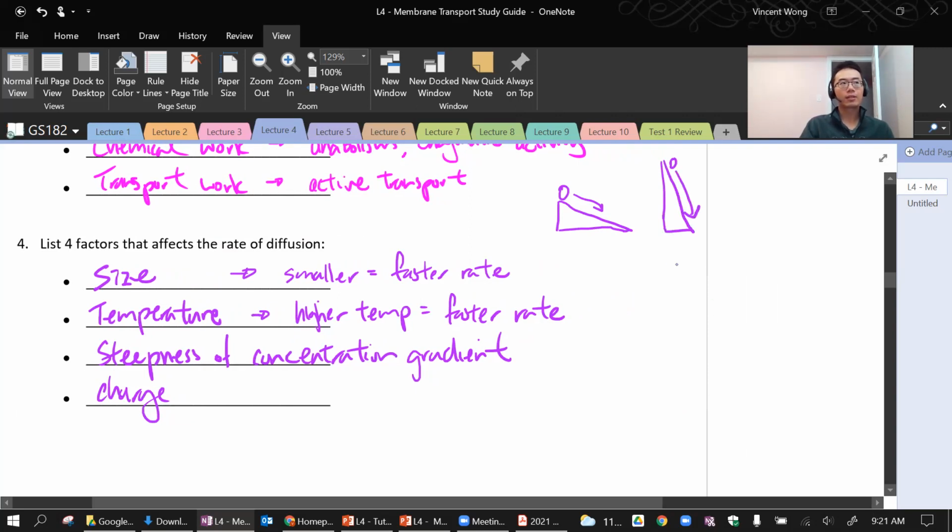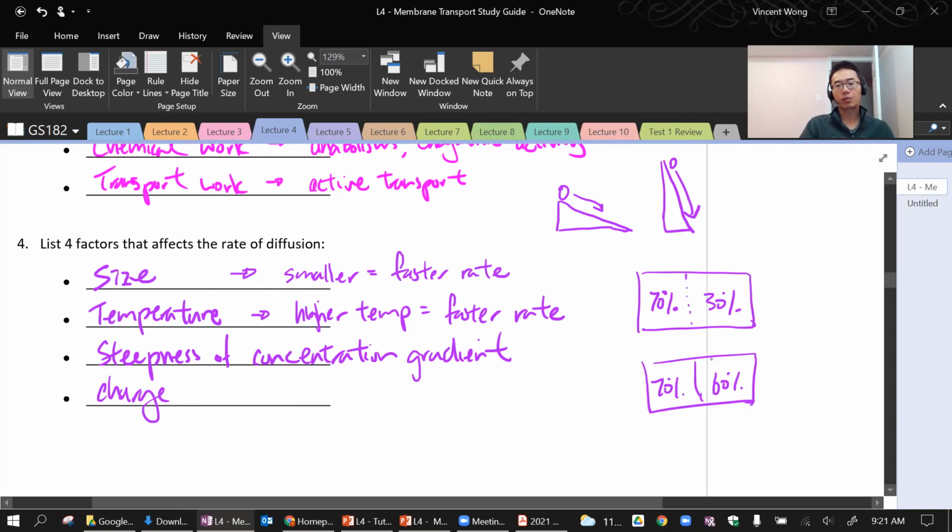Similarly, if I have two chambers, and this one is 70% salt and over here is 30% salt, the difference is 40%, compared to, let's say, 70% on the left and 60% on the right. This would have faster diffusion.